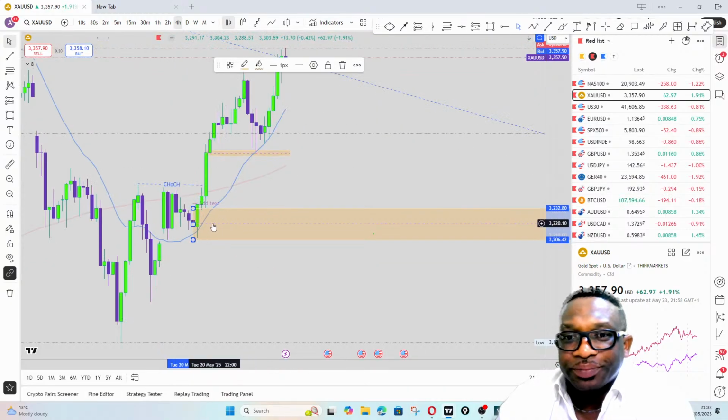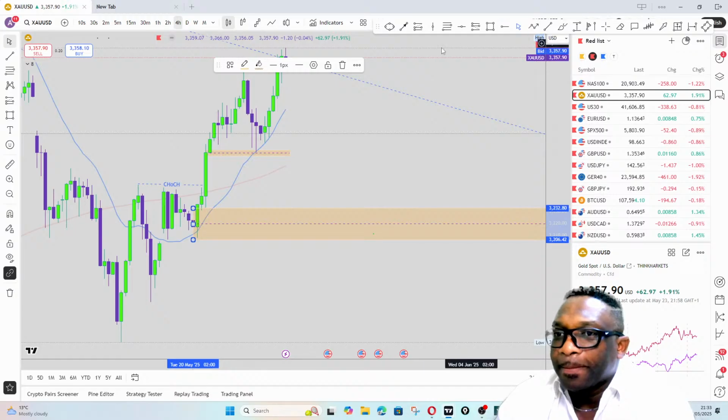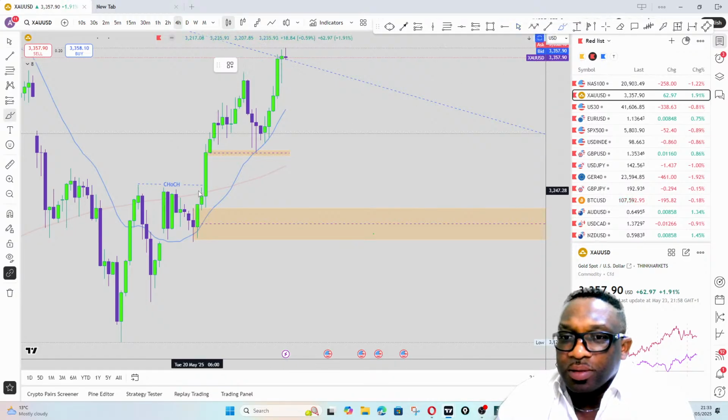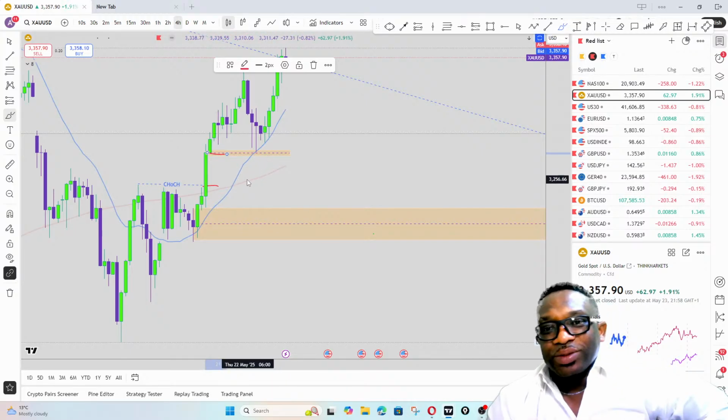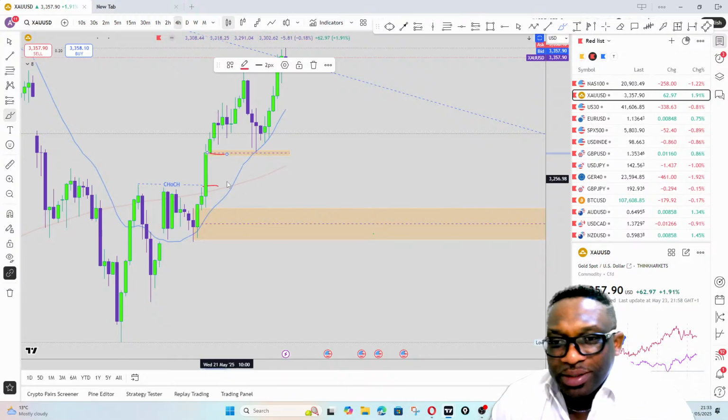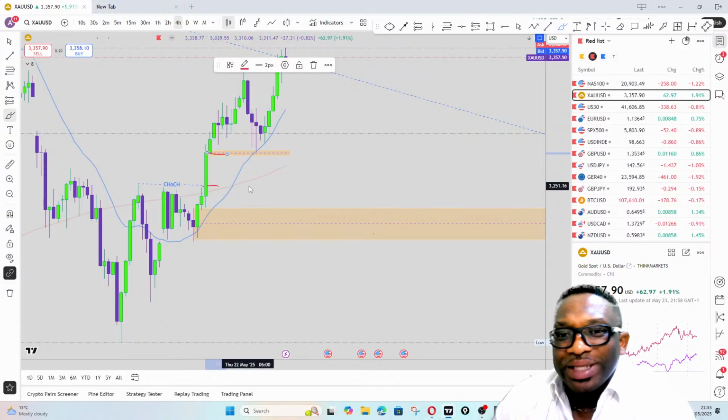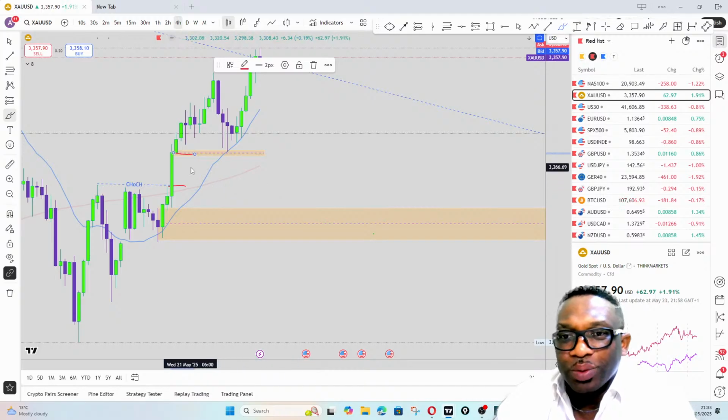This is the origin, and then we can also identify some area of imbalance. So area of imbalance right here. From this point to this point is an area of imbalance that we can expect price to be attracted to, to retest it before doing whatever it wants to do again.